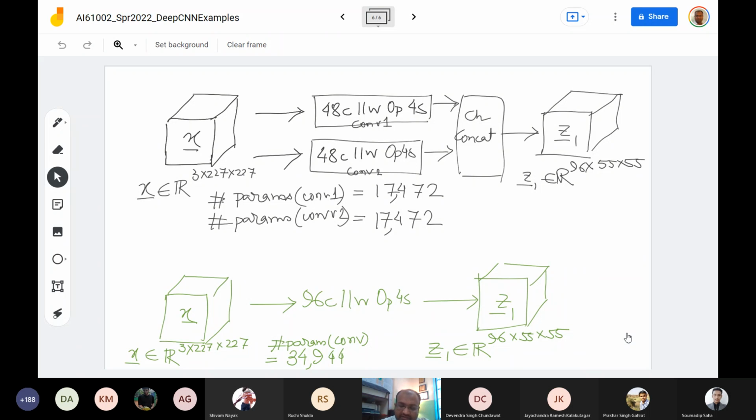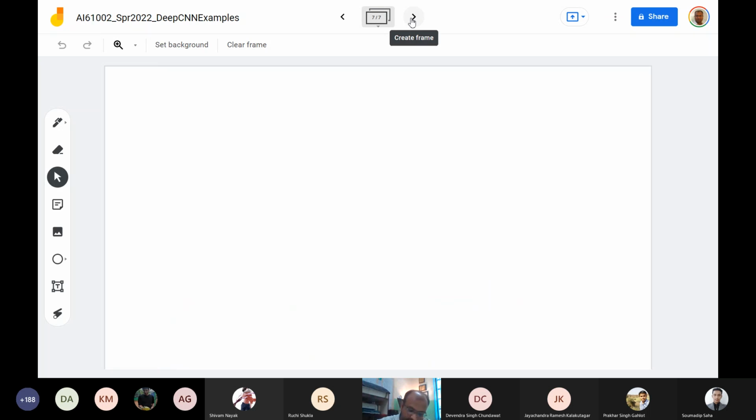See, my total number of parameters is the same. Now let us go deeper into it. What I want you to do is just don't look into the number of parameters. Also start looking into the space complexity.